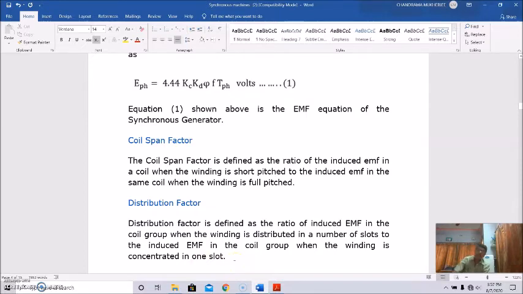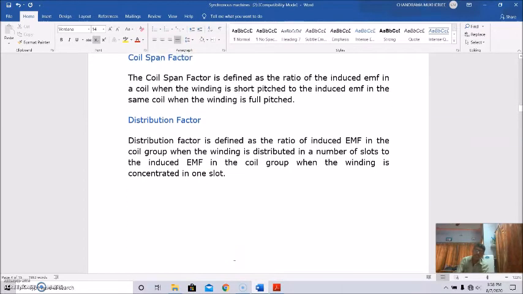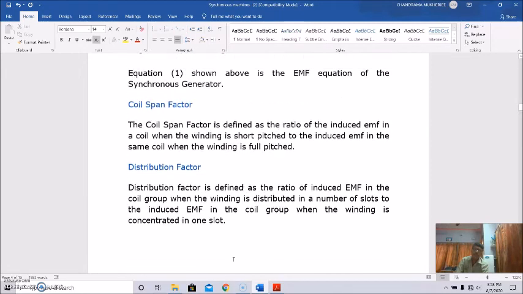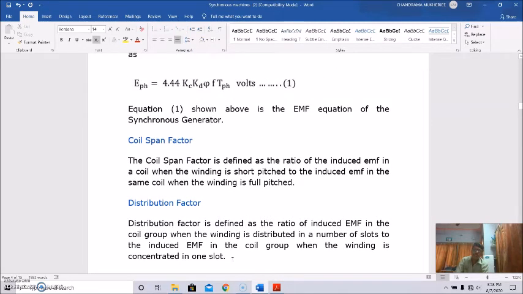So these two factors will be taken into consideration, and the EMF equation will be like this. So that is actually the coil span factor and the distribution factor. If we take these two into consideration, the EMF equation will be E per phase equal to 4.44 Kc Kd phi F T phase volts.